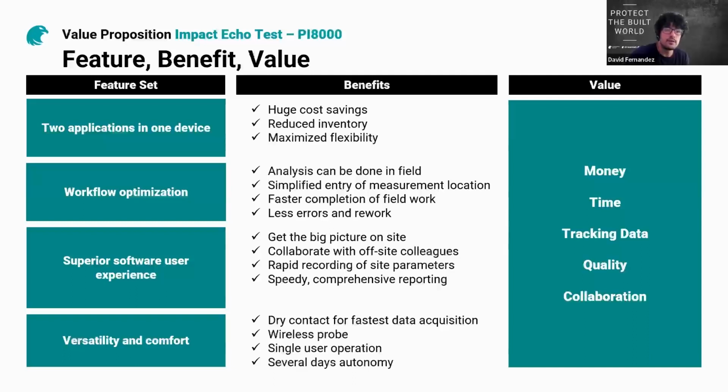And then the workflow is completely optimized because you can do the analysis in the field, in the construction site. We have a simplified entry of measurement locations, and the completion of the fieldwork is much faster, and you will make fewer errors.